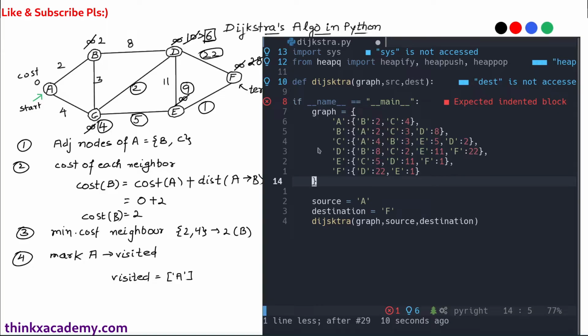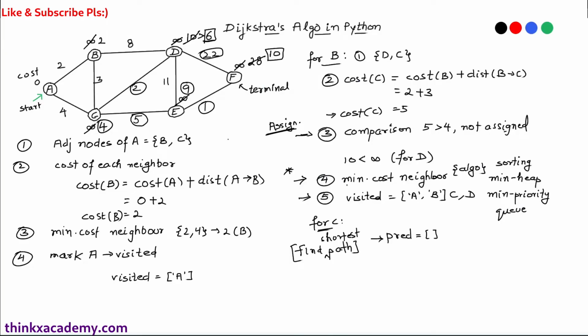First of all, one important thing which I missed here is that at step 4, which is finding the minimum cost neighbor, which we are doing at each and every step, is actually known as a greedy approach, right? This is known as a greedy approach because at each and every step we are choosing a node greedily.